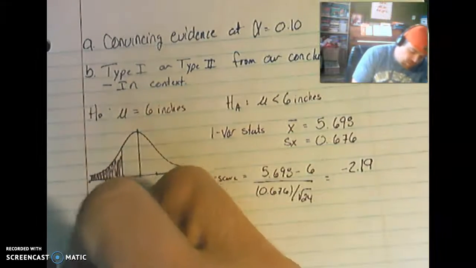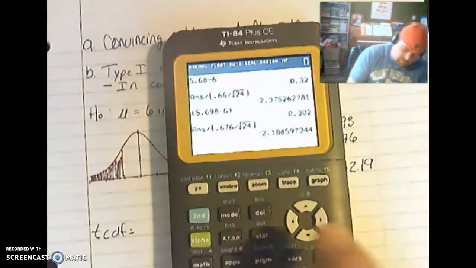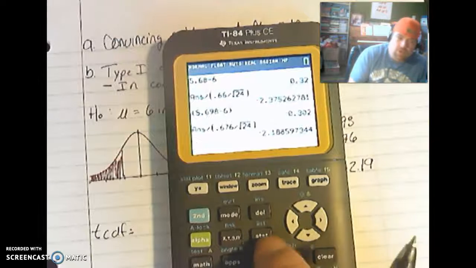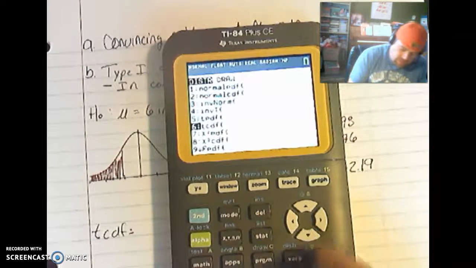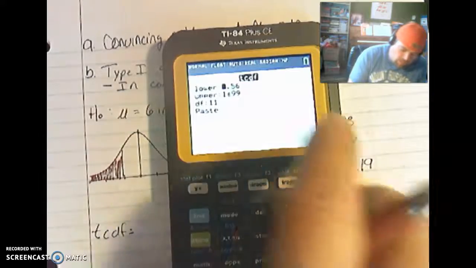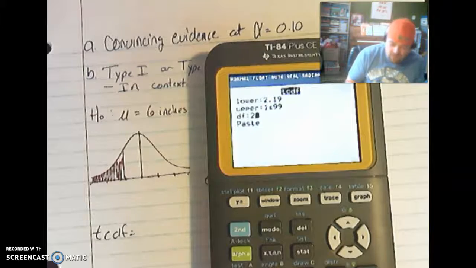I can go to my tcdf. My lower is going to be negative 2.19, everything stays there, and my degrees of freedom is 23.